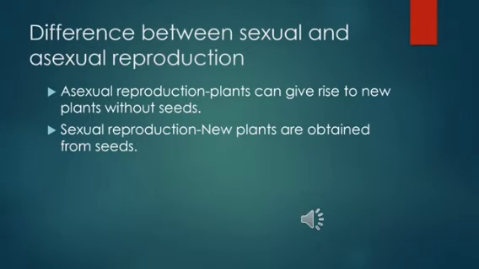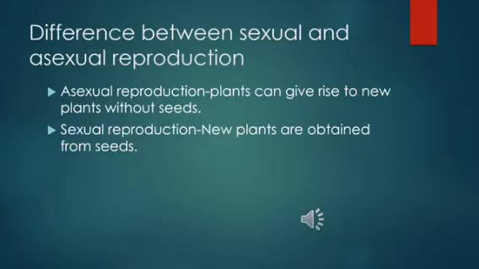Now, when I say asexual reproduction in plants, it means that the plant can give rise to new plants without seeds. Meaning what? It means that a new plant I can get from a stem. Example, when we talk of the rose plant, very simple example.